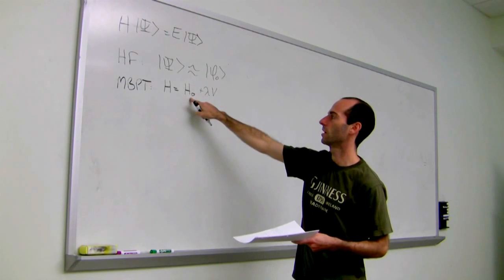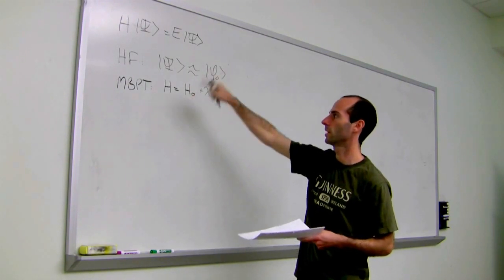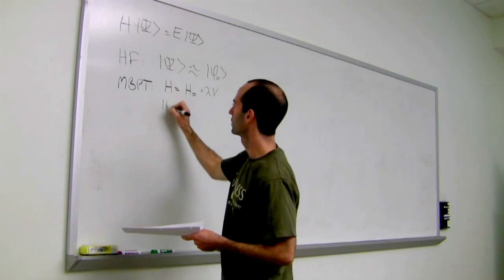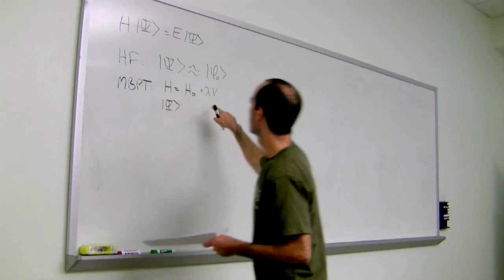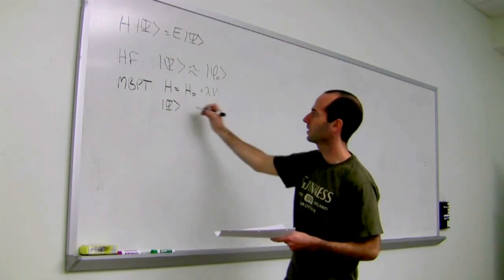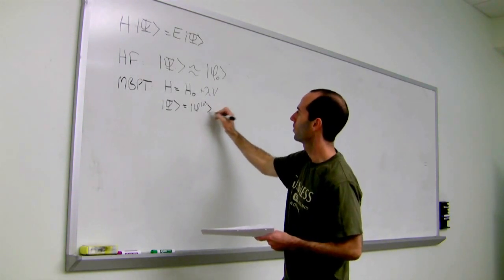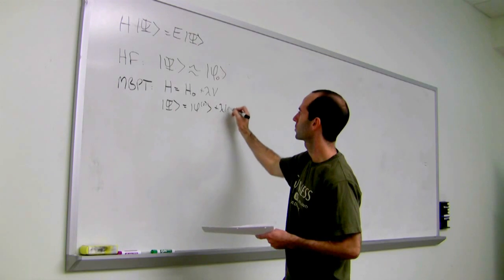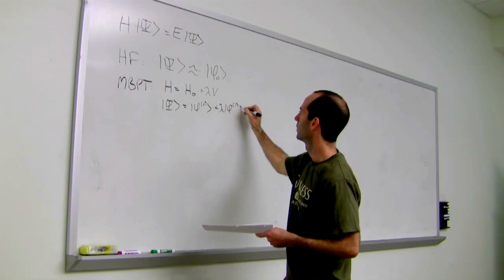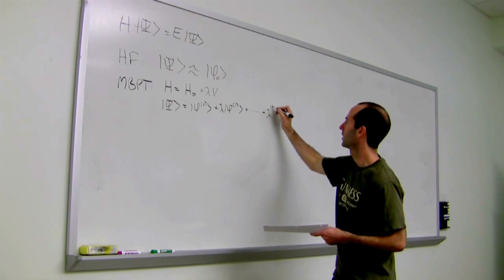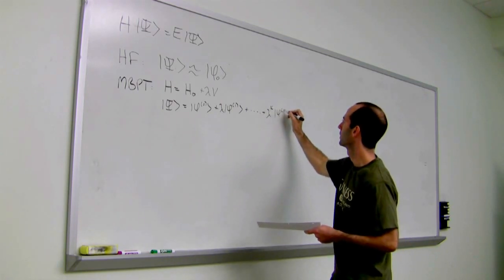And this zeroth order part is just the Fock matrix from SCF theory. In perturbation theory, the wave function is expanded as a Taylor series in this perturbation parameter lambda. So we say that it's equal to the zeroth order component plus the first order component, all the way up to the kth order component.